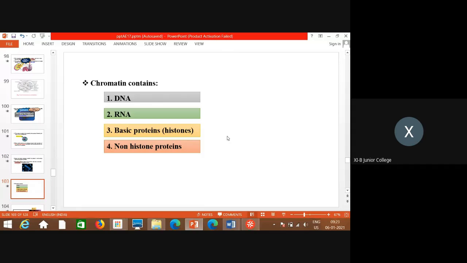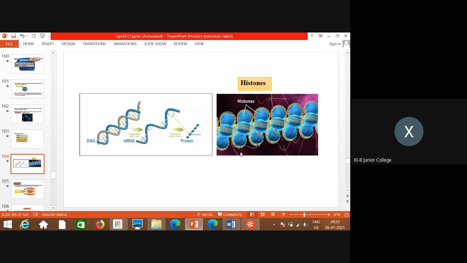Now again, this is the chromatin material. It contains DNA, as I said, RNA, and proteins: basic proteins, which are called histones, and non-histone proteins. Remember, these are in points. Now, how is this seen? This is the double-stranded nucleic acid, so that's why it is called deoxyribose nucleic acid, that is DNA.